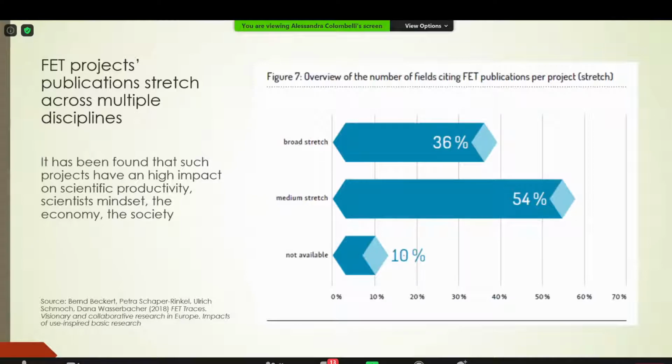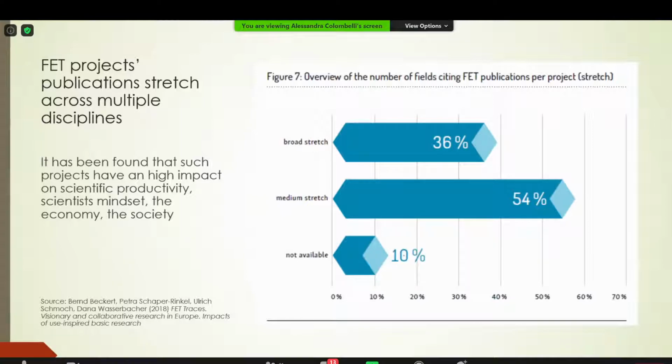It has been found, first of all, that in general, such projects have a high impact on scientific productivity. So in general, this kind of project shows a higher number of scientific articles published out of the project.